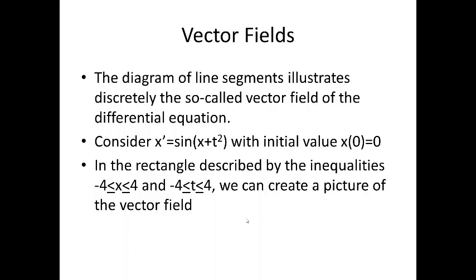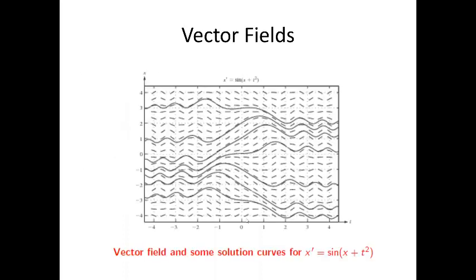Consider the differential equation x prime is equal to sine of x plus t squared with initial value x of 0 equal to 0. Now, in the rectangle described by the inequalities where x runs between minus 4 and 4 and t runs between minus 4 and 4, we can create a picture of the vector field. Mathematical software such as MATLAB can help show vector fields.